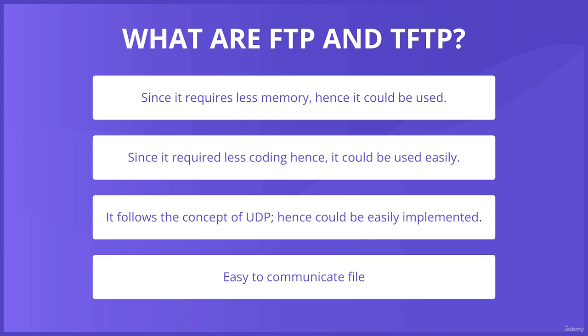Since it requires less memory, I think those would be obvious advantages. Since it requires less coding, that opens it up to a variety of different users, less skilled in code. It follows the concept of UDP, so it's easily implemented. And it's certainly a lot easier to communicate a file.